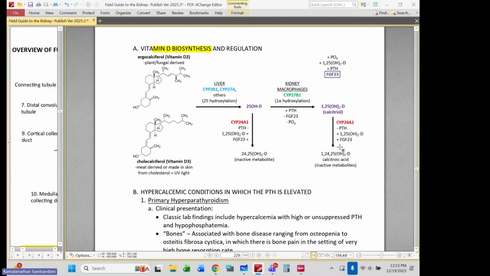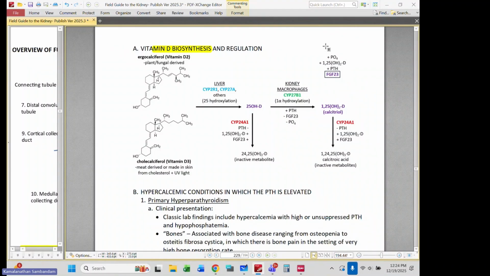FGF23 deficiency would cause a relative increase in calcitriol, and it will tend to manifest with phosphate retention and hyperphosphatemia. This patient didn't have any disorder of phosphate. Okay. FGF23 deficiency we'll talk about in disorders of phosphate.